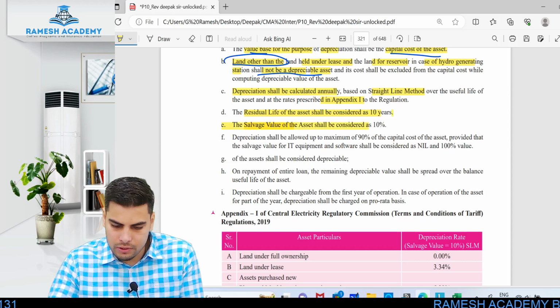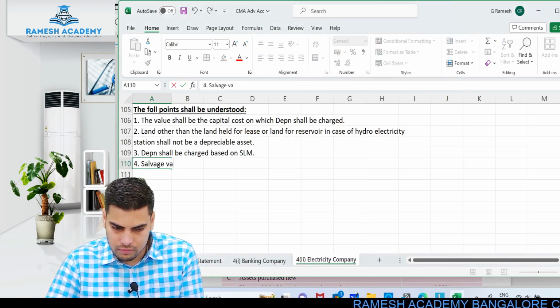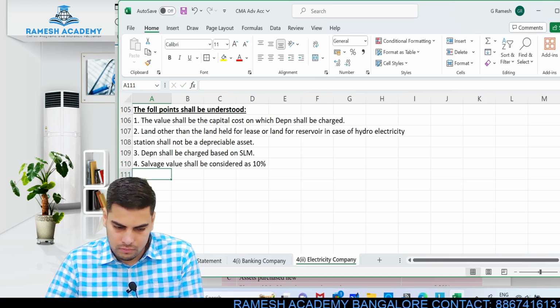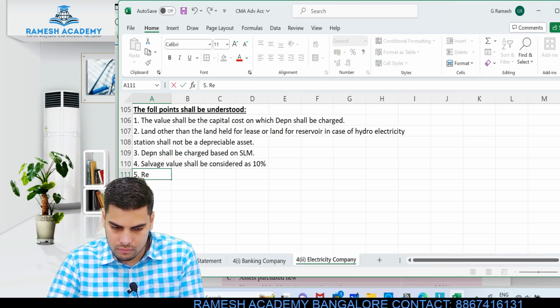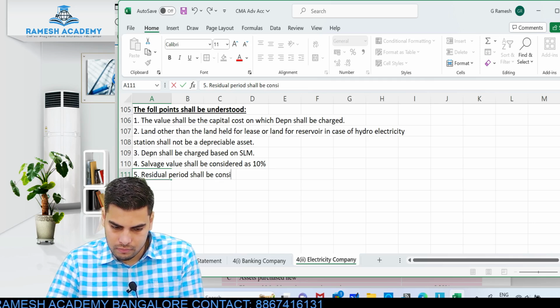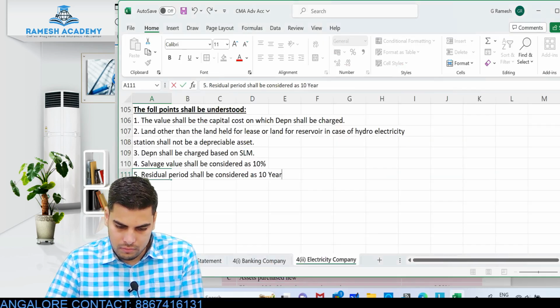The residual period shall be considered as 10 years.